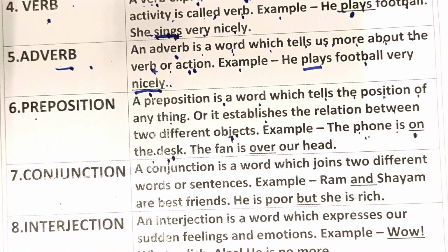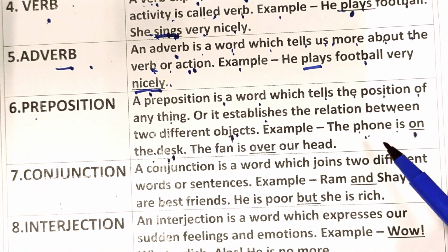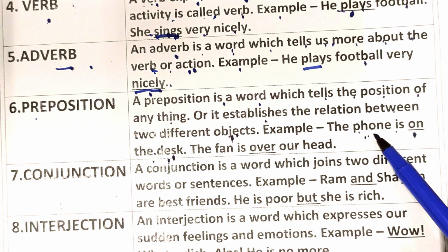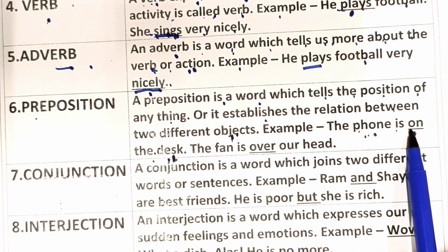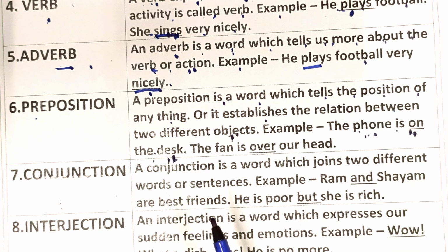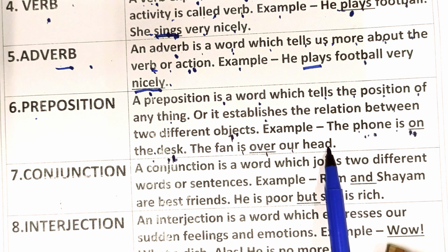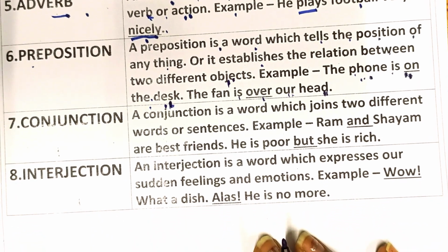One more thing: there is no relation between the phone and the desk, but this on creates a relation. Next one: the fan is over our head. Clear? Where is the fan? Over our head. Now don't say on our head, that is over our head.